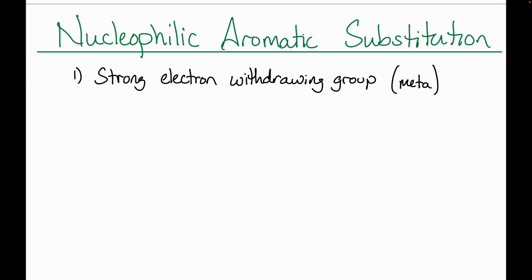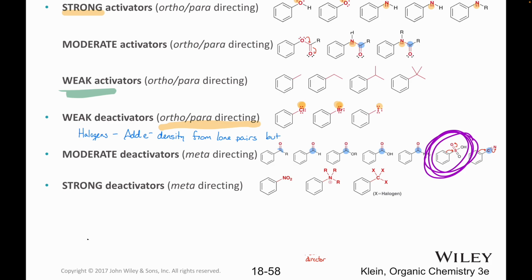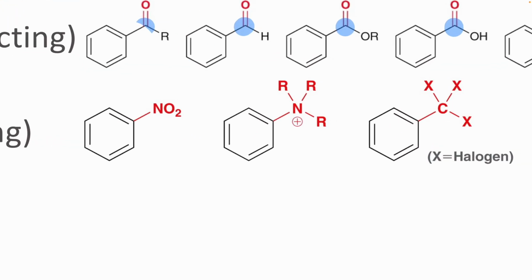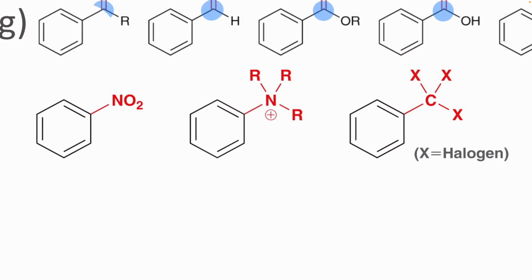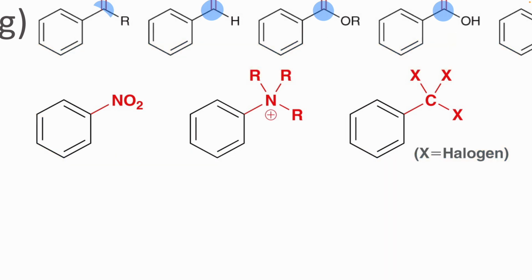All right, so if we go back to our cheat sheet of these benzene derivatives, we had these three strong meta-directors, strong electron withdrawing groups here. So just note our nitro group.